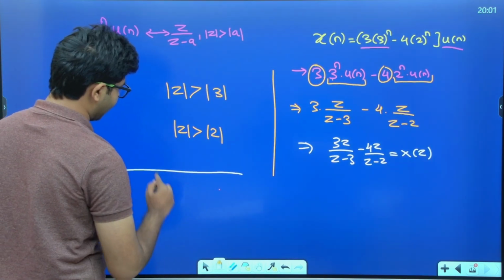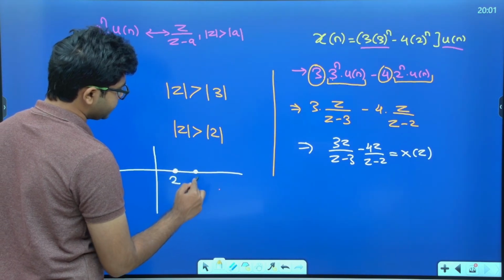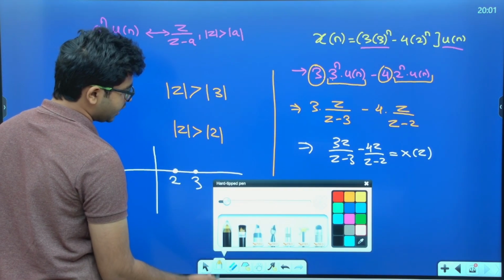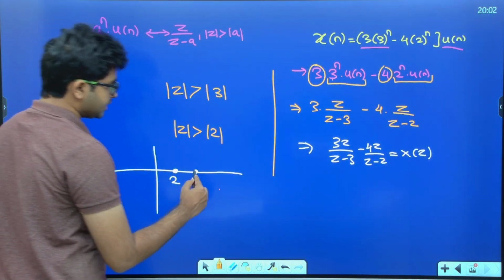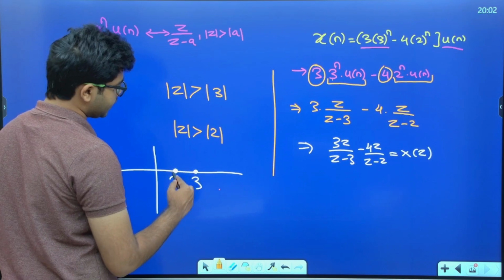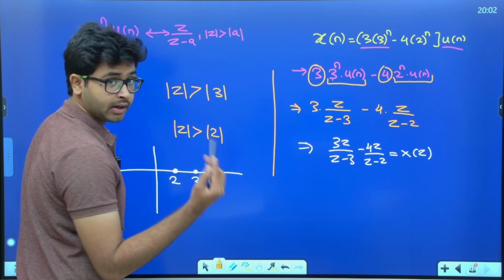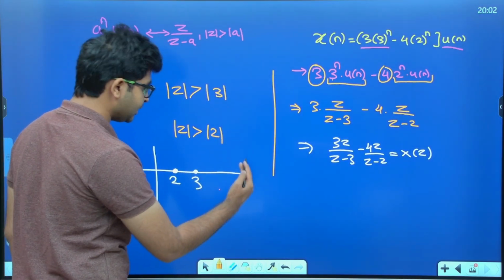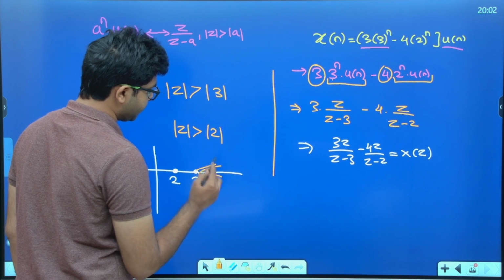If you draw a timeline with 2 at this point and 3 at this point, the ROC is greater than 3. All the values which are greater than 3 are also greater than 2. Therefore, my final ROC will be this.